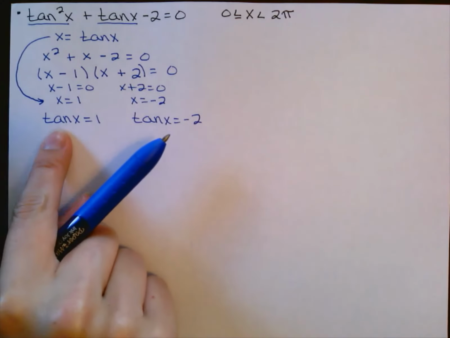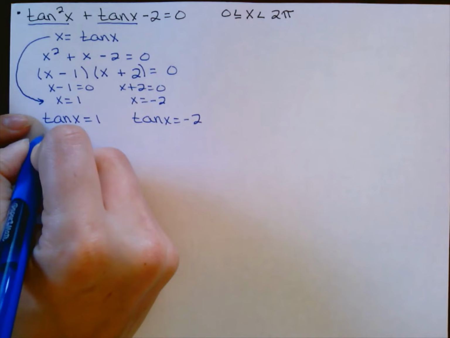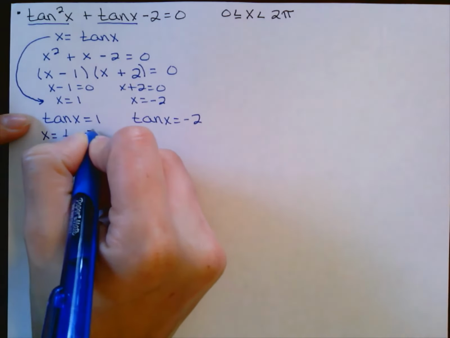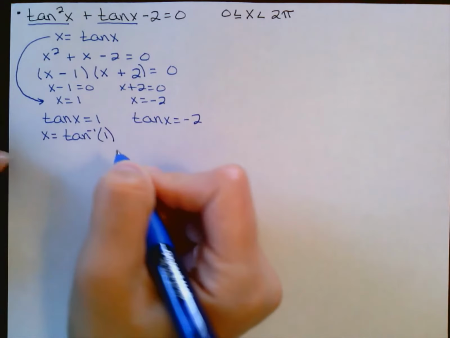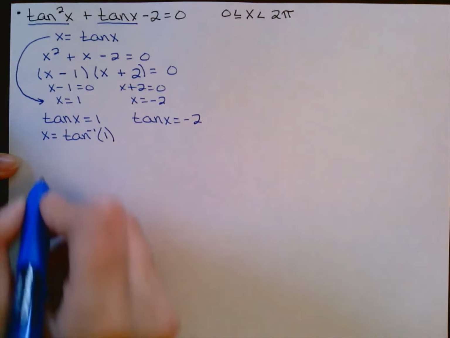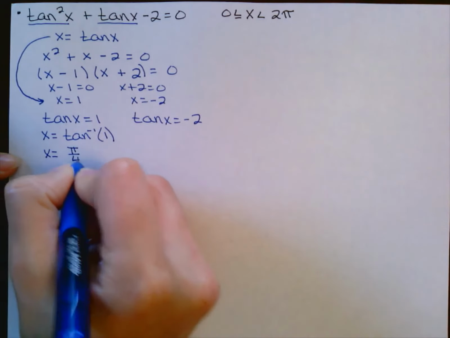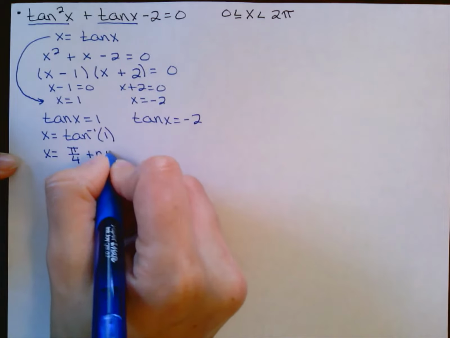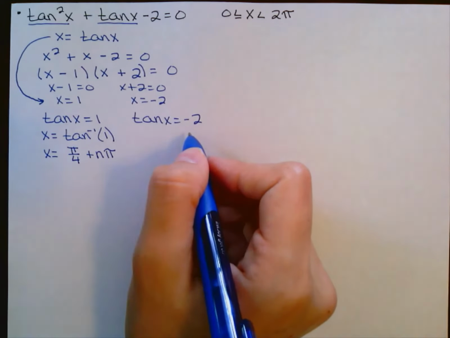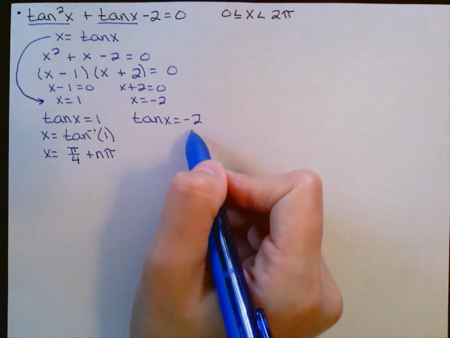So now that I'm down to step 1 and I have my trig function isolated, I'm going to do my inverse trig functions. So inverse tangent of 1. I know that on my unit circle it exists at pi over 4. And remember to always add your n pi. On this side, hopefully there's two different ways of seeing this. One is the fact that there is no negative 2 in my unit circle.